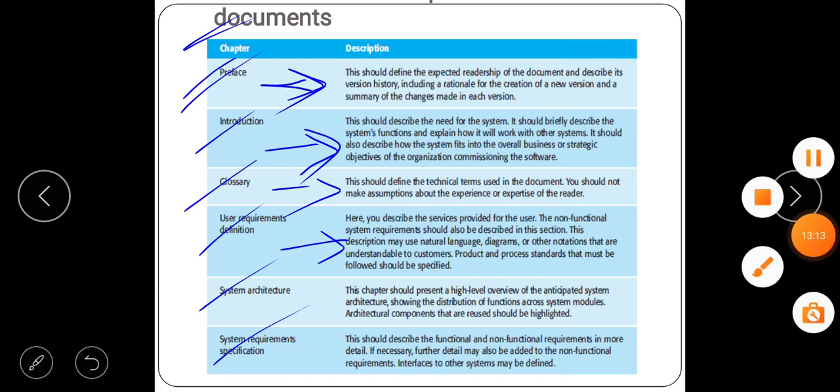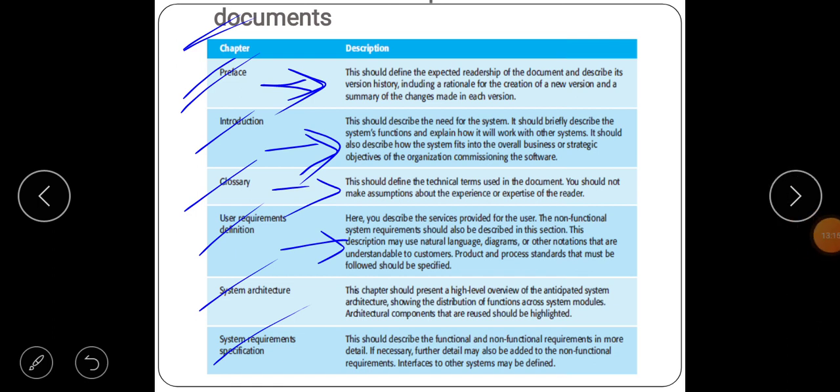Okay, next, system architecture. This chapter should present a high-level overview of the anticipated system architecture, showing the distribution of functions across the system modules. Okay, architectural components that are reused should be highlighted.